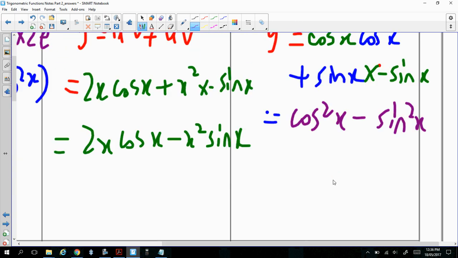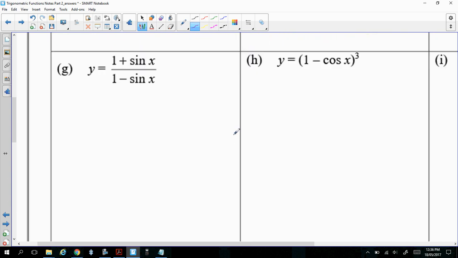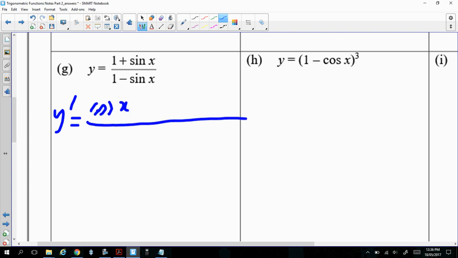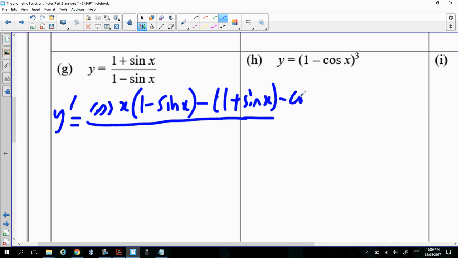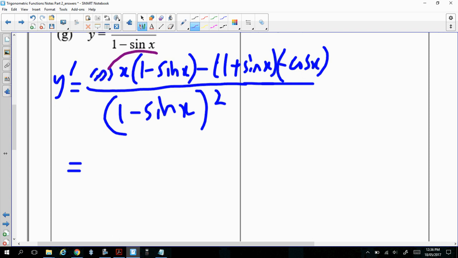Quotient, so differentiate the top, which is cos x, times 1 minus sine x, minus the top, differentiate the bottom, we get negative cos x, all over 1 minus sine x squared. And you just need to expand things. If we expand things, we get cos x minus cos x sine x. And then the double negative gets cancelled.